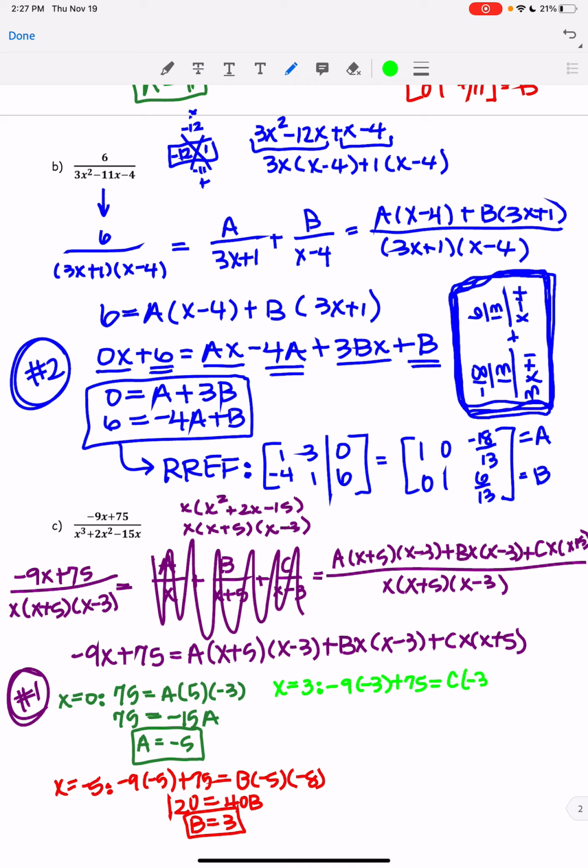So I've got C times 3, and then 3 plus 5 gives me 8, so times 8. This gives me positive 27... 27 plus 75 is 102... this is going to be 24C. And so here, C equals 2.